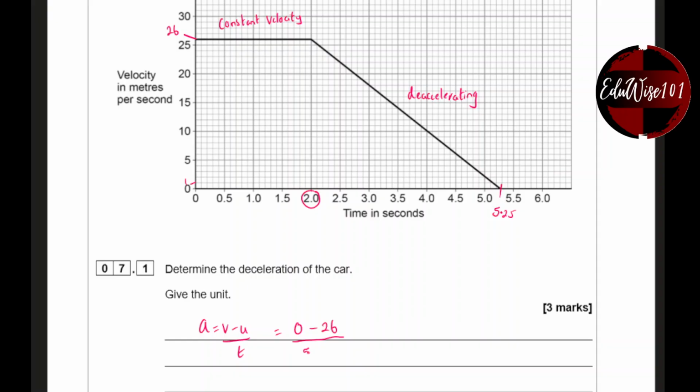So 5.25 minus 2, that gives me minus 26 divided by 3.25. That gives me an acceleration of 8.